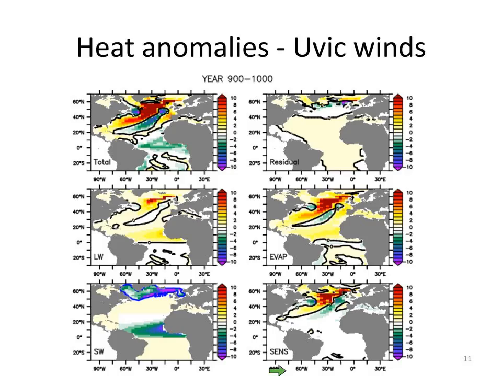And this could be explained, just quickly, by the heat components, the longwave, evaporation, sensible heat and shortwave, in the last 100 years for the UVic winds, where we have strong changes in the North Atlantic. We see here the strong shortwave decrease in the Northern Hemisphere, and this is the dust forcing.